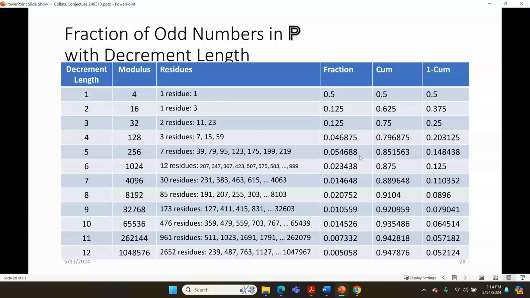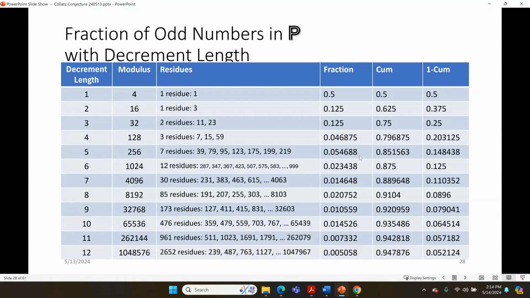And 3 over 64, and so forth. We can accumulate them in the cum column there, so that's 0.5, then 0.625, then 0.75. So that tells us what fraction of the integers in P are going to descend to a smaller integer after some number of steps in the decrement length.